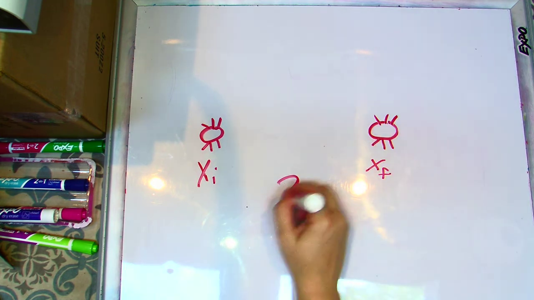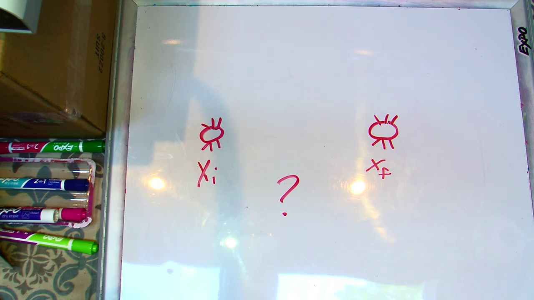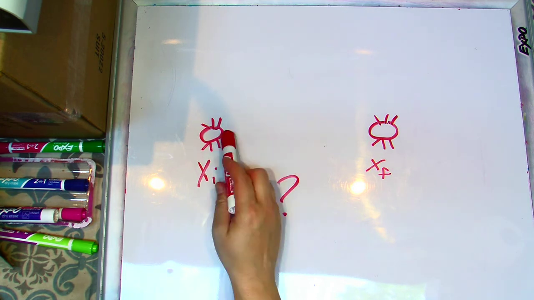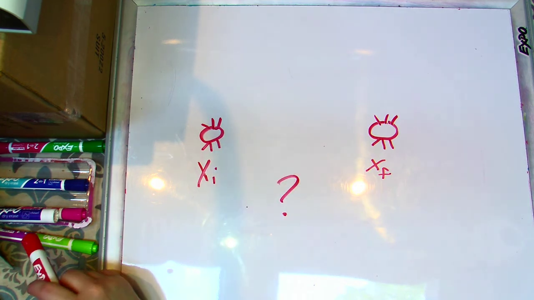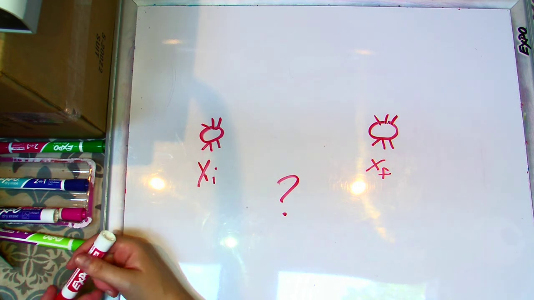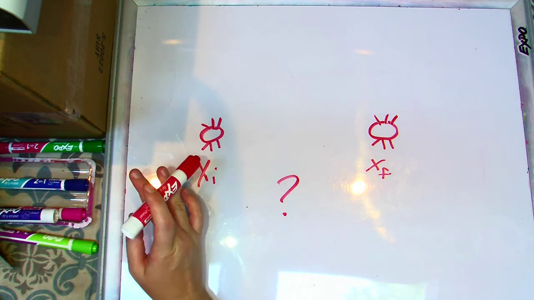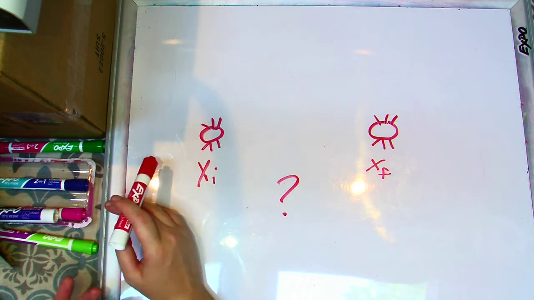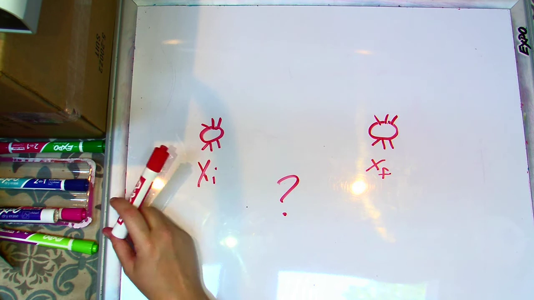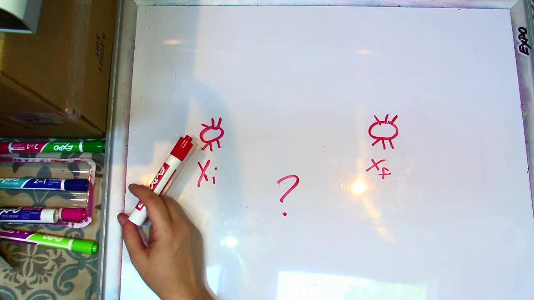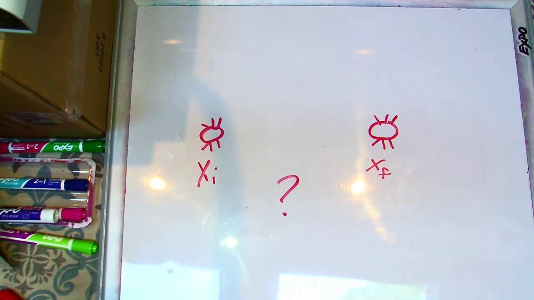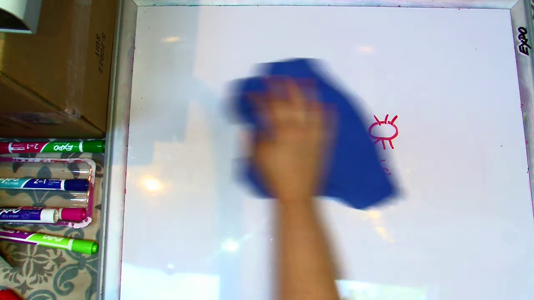How did that happen? Well, something had to move. Whether the bug moved from here to there, or if the board moved and that made it appear as if the bug moved, something had to move for the bug to change position. So that's what we're looking at for motion.